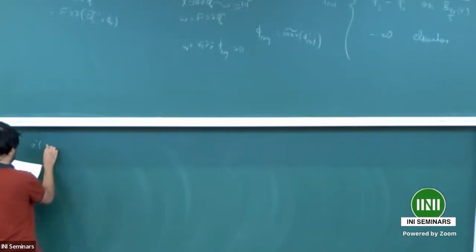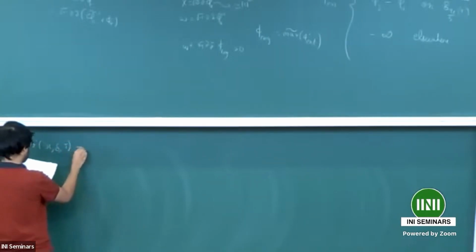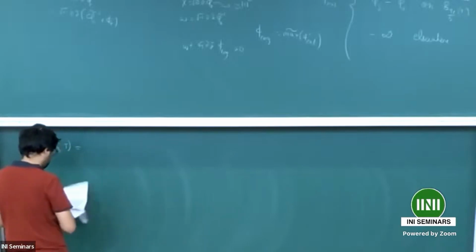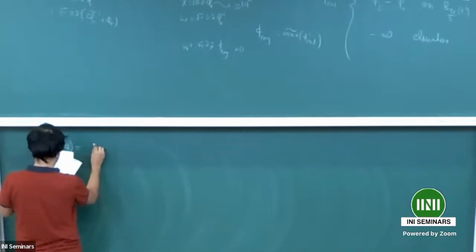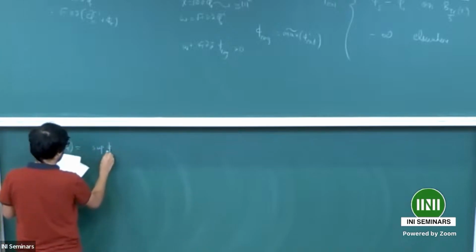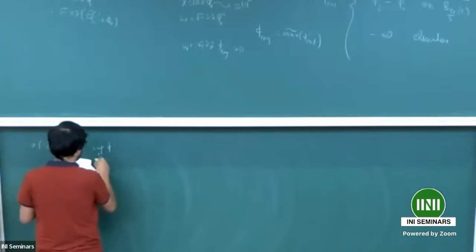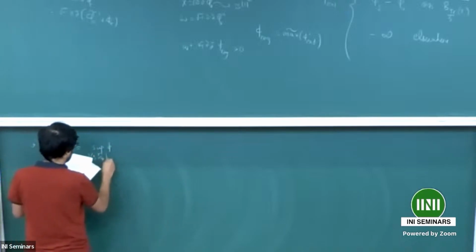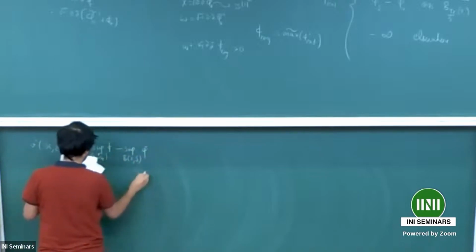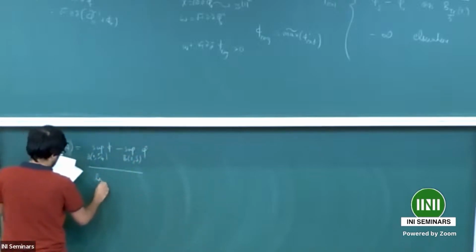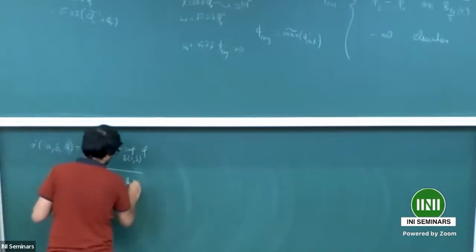Nu of x, delta, and phi is defined as the supremum over a ball of radius r by 4, supremum over a ball of radius delta, and natural log r over natural log delta.